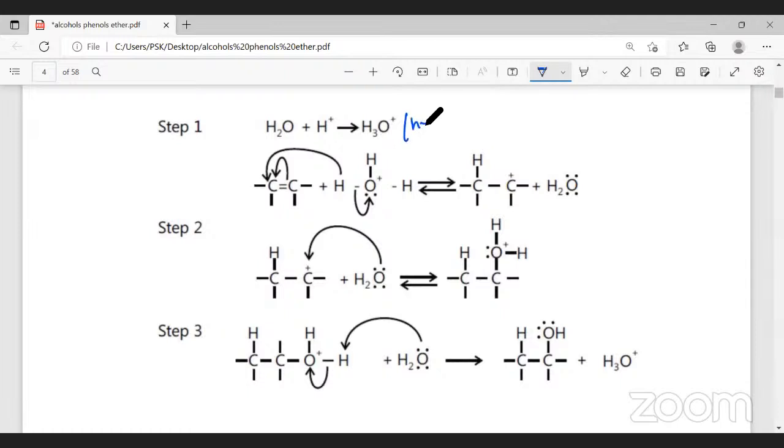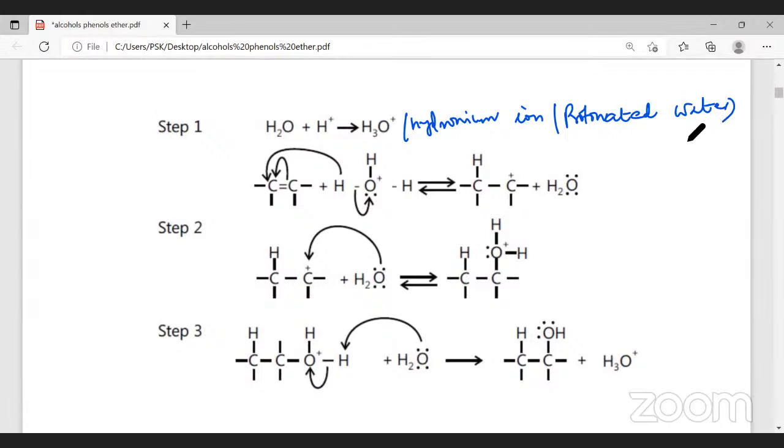This hydronium ion is also called protonated water. Now, the first step is water reacts with H plus acid to form hydronium ion.